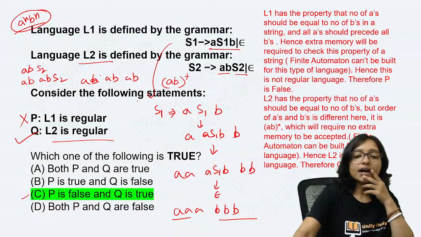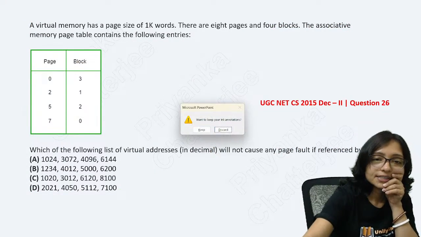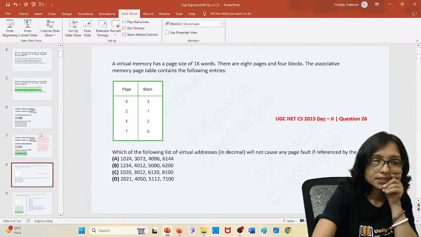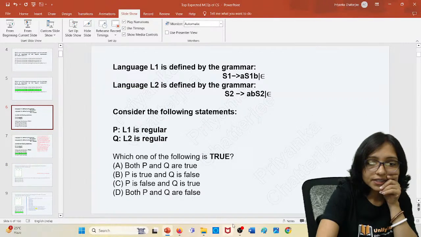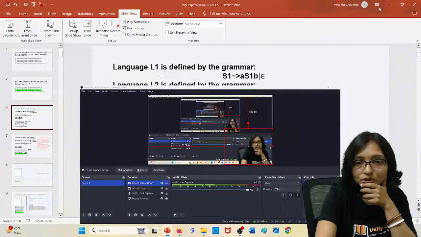Okay. Now do the next question. What is the answer for this one? I will start the poll. After that I will show you the question also.